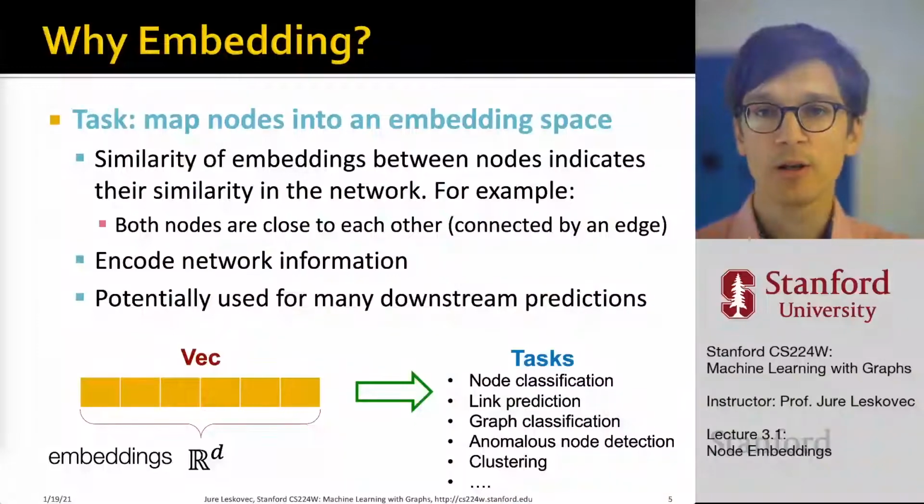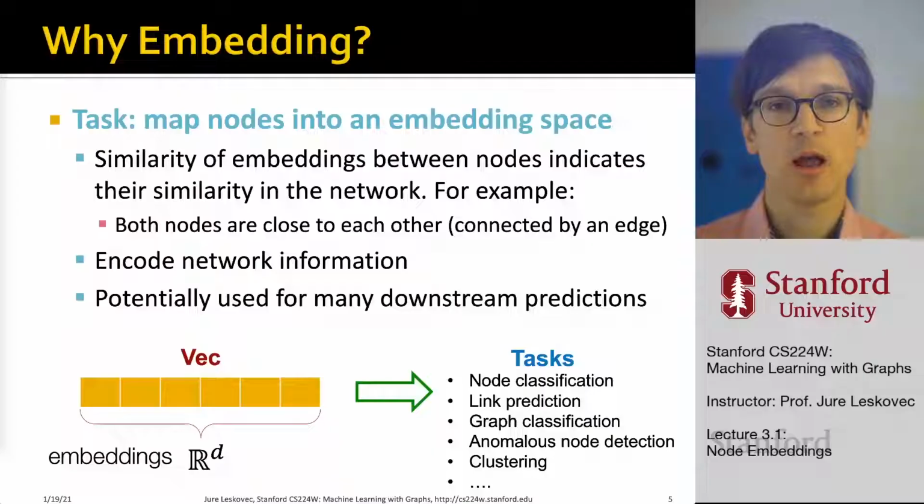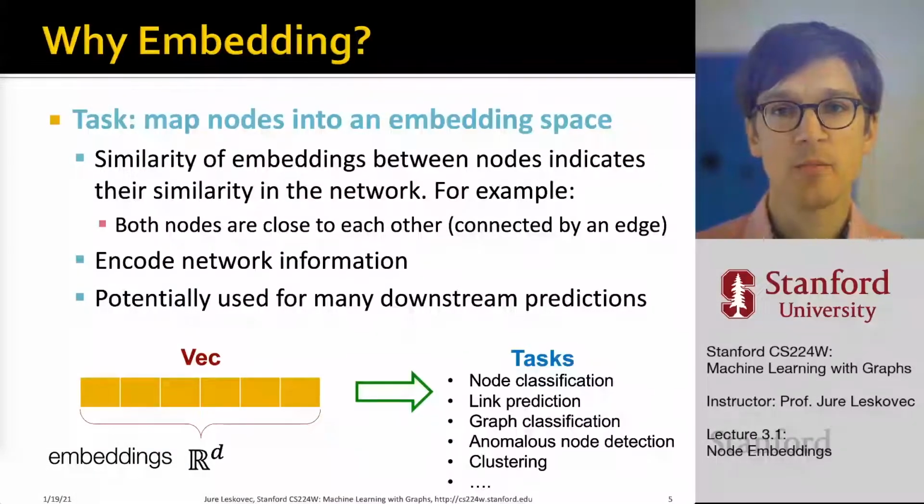So why would you want to do this? Why create these embeddings? The task is to map nodes into an embedding space. And the idea is that similarity of the embeddings between nodes indicates their similarity in the network. For example, if both nodes are close to each other in the network, perhaps they should be embedded close together in the embedding space.